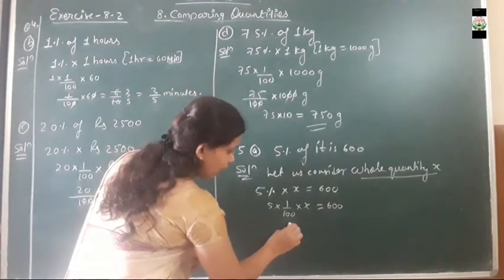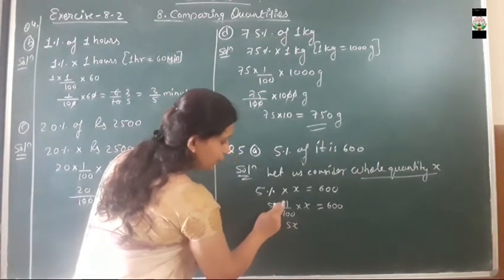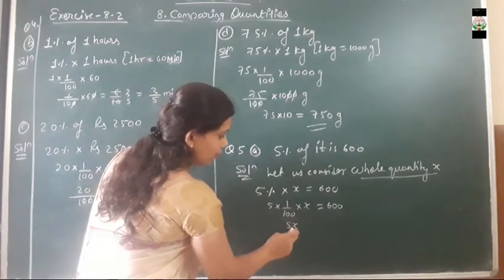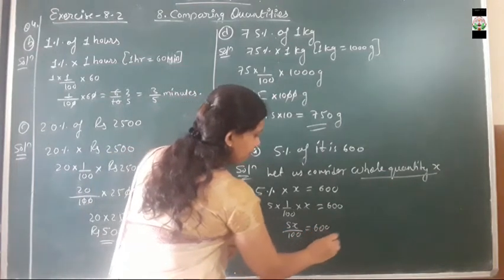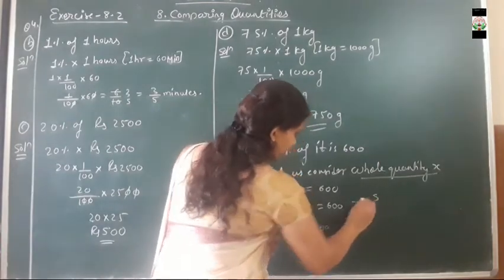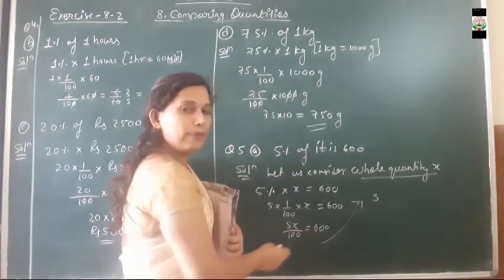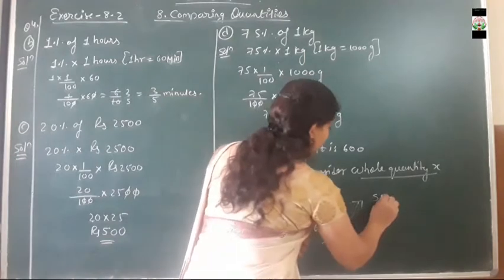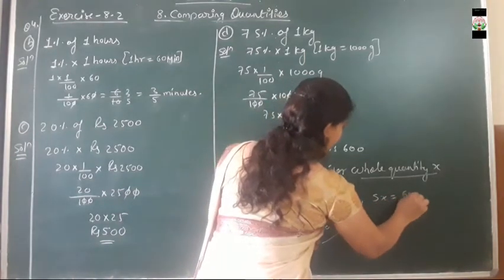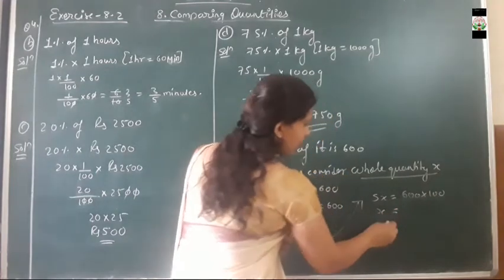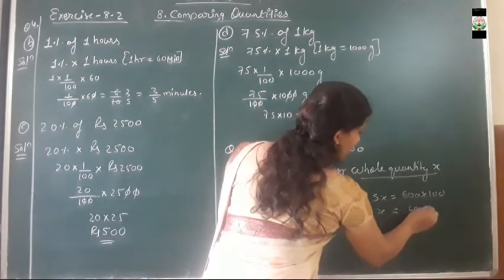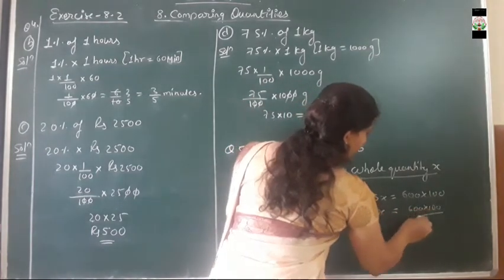So here it becomes 5 into 1 is 5, into x is 5x upon 100 is equal to 600. Now this denominator 100 will multiply with 600. So it will become 5x is equal to 600 into 100. So x is equal to 600 into 100 upon 5.